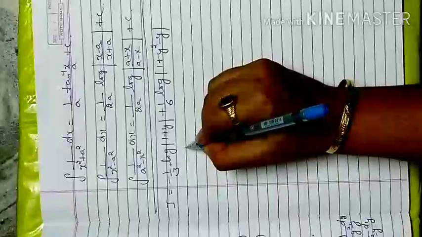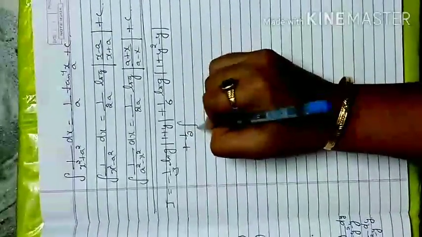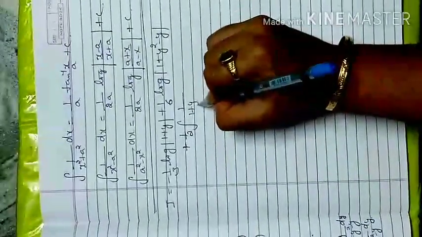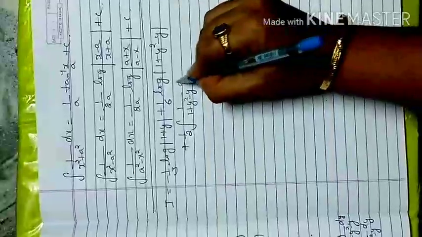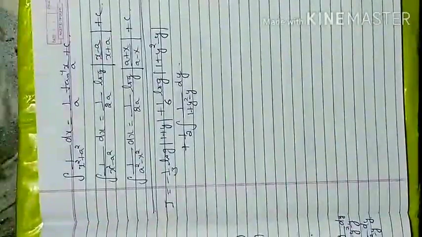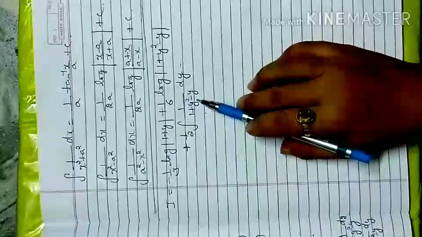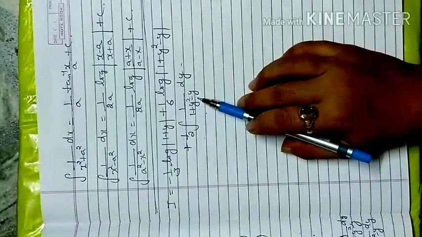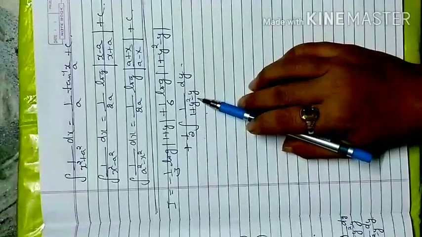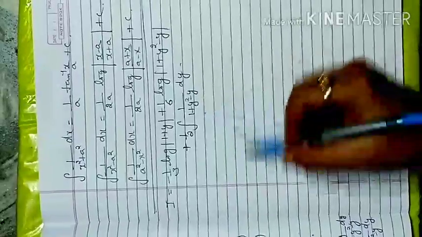Only this is left, plus 1 by 2 integral of 1 upon 1 plus y square minus y dy. So now do one thing: instead of writing these 2 terms again and again, we consider this as I1. So it will be easier for me to calculate, and whatever answer I get, I will replace it here.